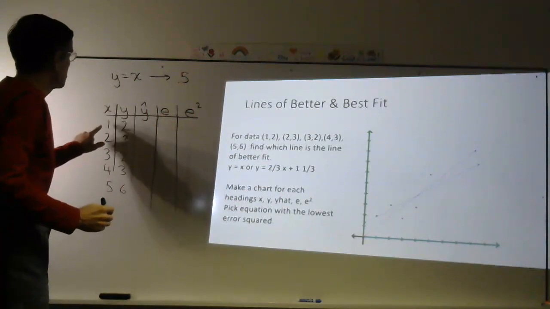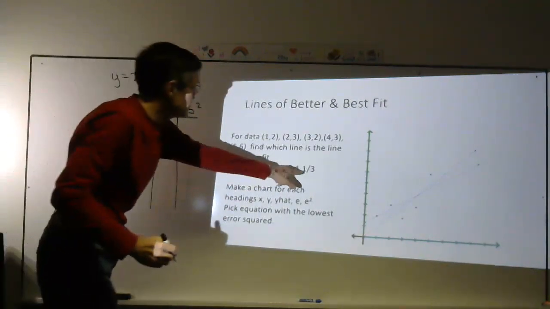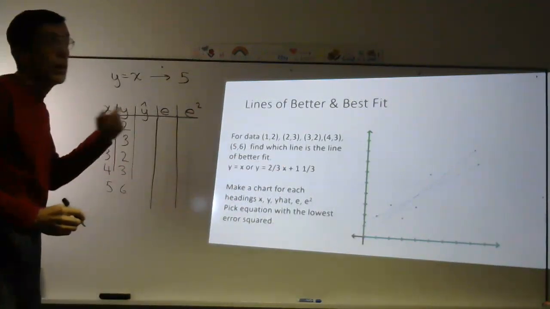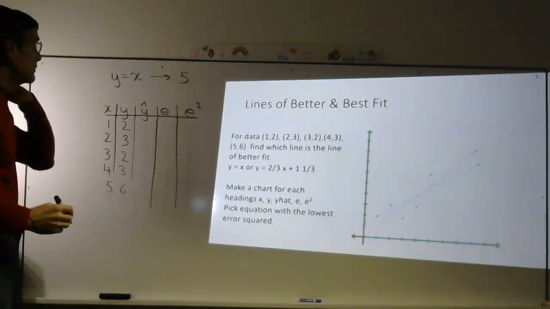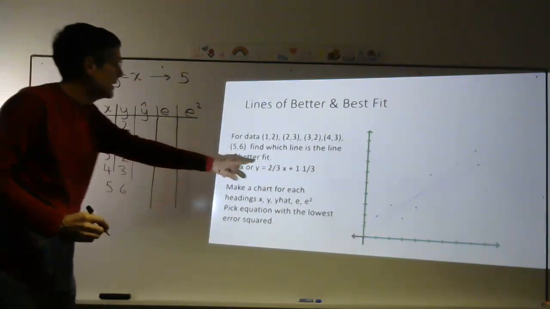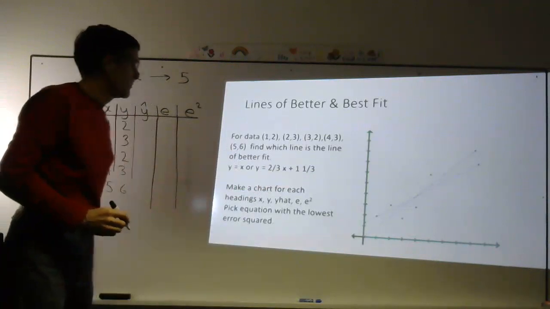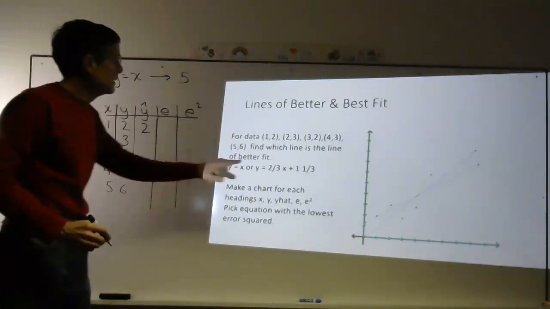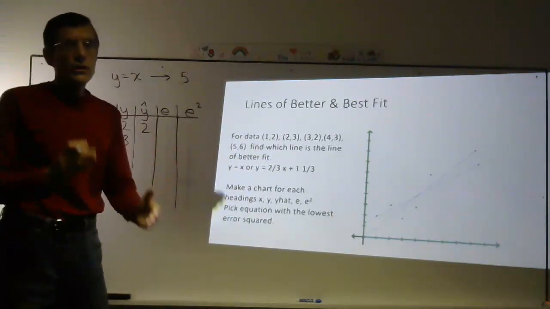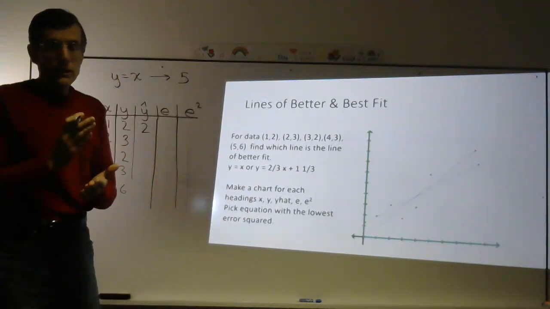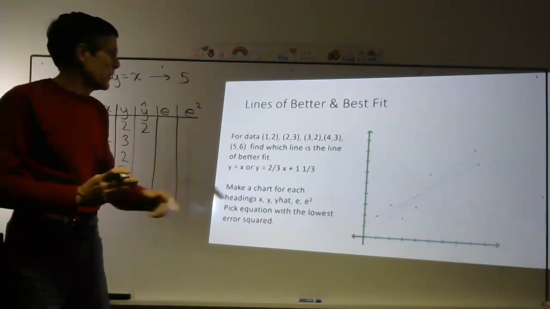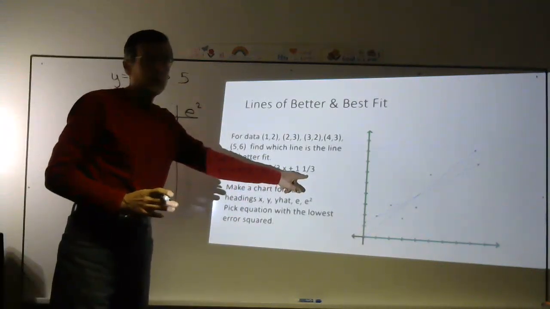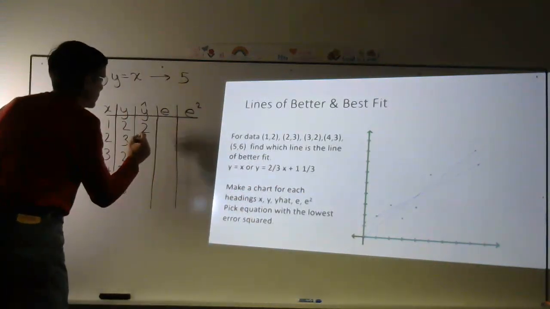I'm going to be putting 1 into this equation to get y hat. And we want to be careful of our fractions here. When you put 1 in, I get 2/3 plus 1 1/3, which is just 2. Putting 2 in, 2 times 2/3 is 4/3, which is 1 1/3. 1 1/3 plus 1 1/3 is 2 2/3.